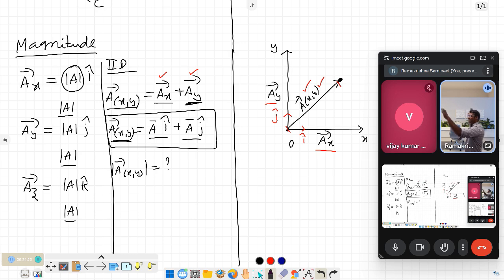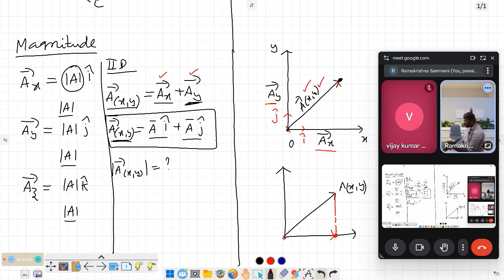To get this length, I am taking the support of geometry. Look at this: this is the two-dimension vector I have taken, called the A of x comma y vector. Now from the head of this vector, you take a foot of perpendicular onto the x-axis.